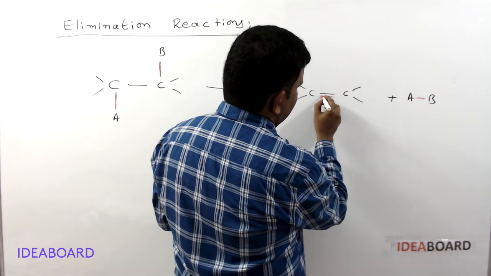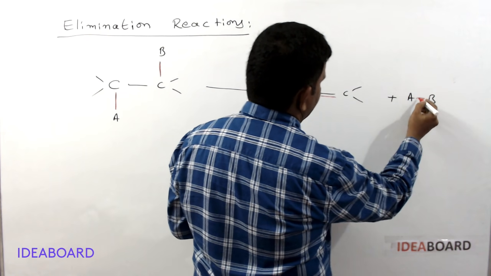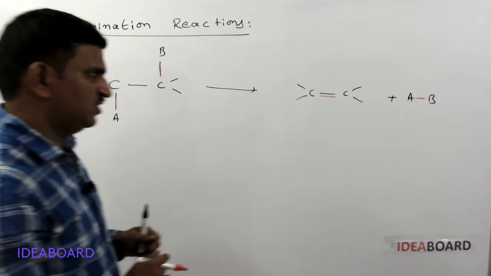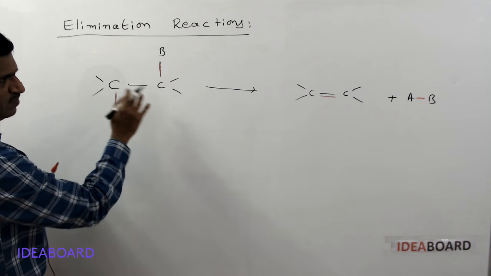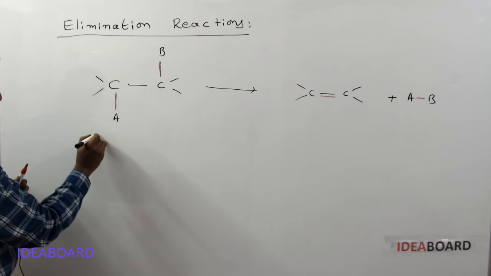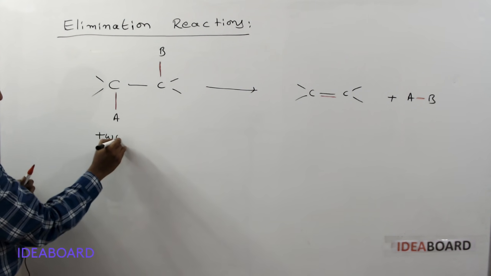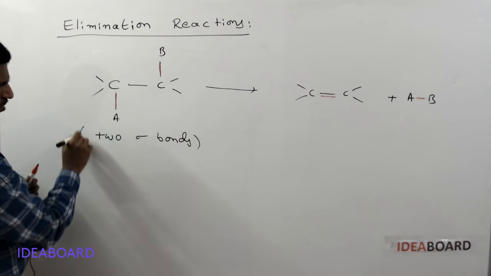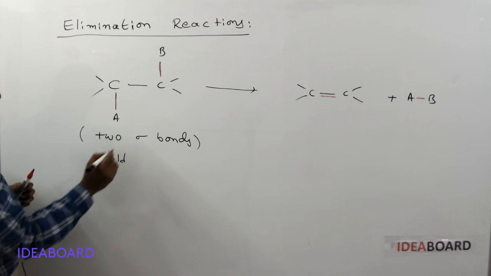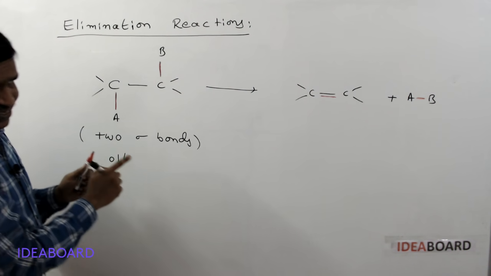Please remember to check how many old bonds and how many new bonds are formed. Suppose the remaining bonds are the same, so the reactant has 2 old sigma bonds.